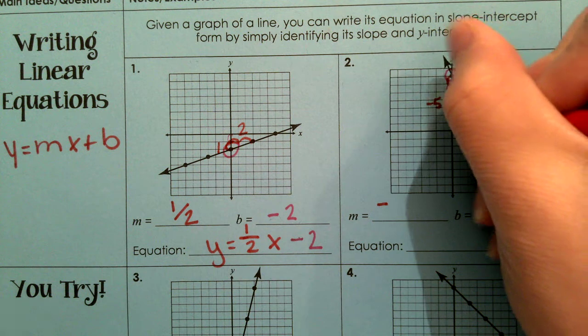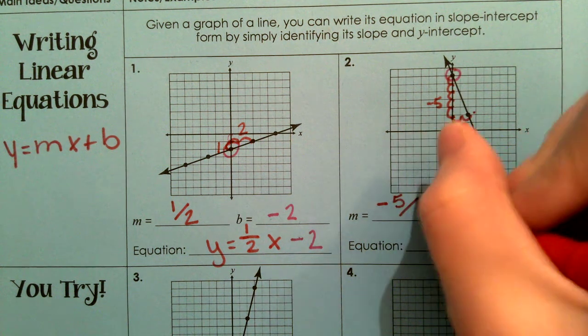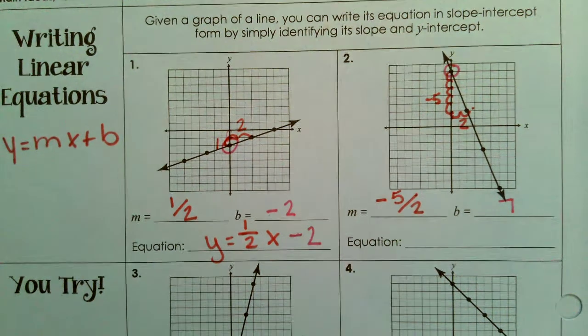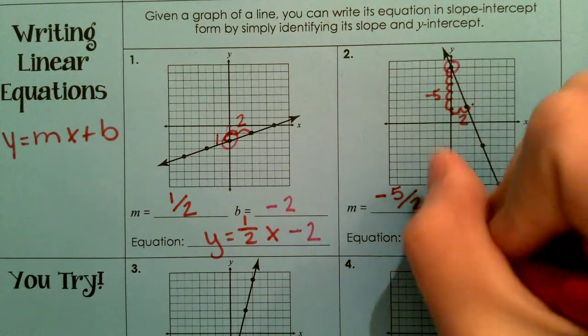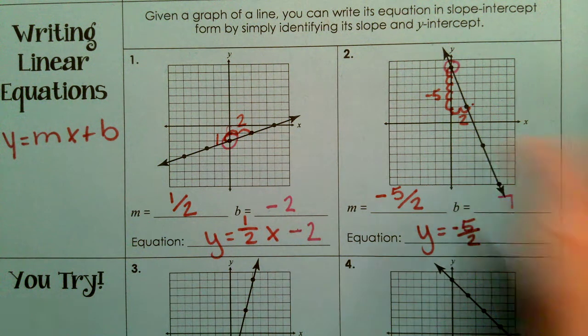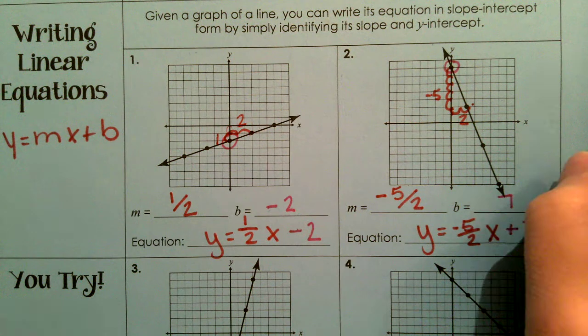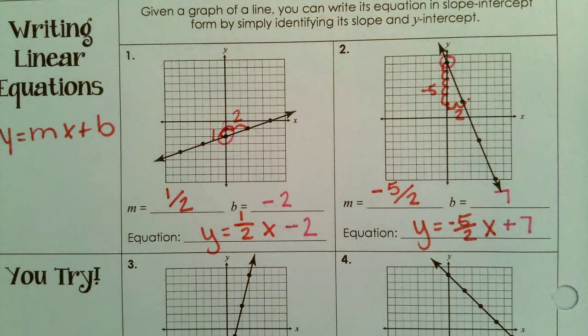And then I go to the right 1, 2. So that's -5 over 2. Now I'm going to go through, write my equation. y equals -5/2 x plus 7. Okay, so there you go. That's all we have going on there.